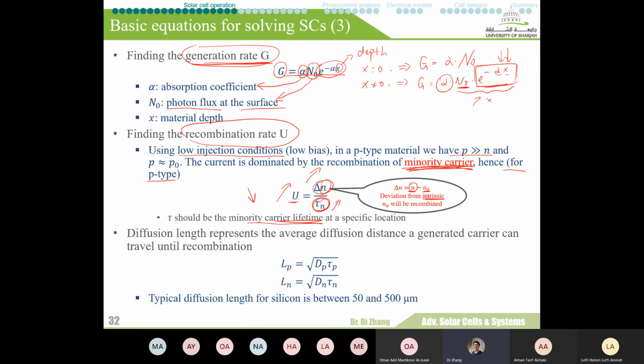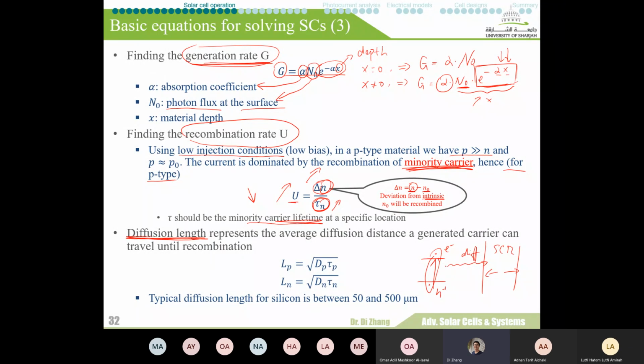So that is the recombination rate expression that we can typically use to solve the solar cell material or the solar cell p-n junction. We have another parameter to introduce that represents the diffusion behavior in a semiconductor: the diffusion length. If you remember from before, after the excitation, the electron and hole pair have to diffuse over a certain distance before they can be separated, before they enter the space charge region.